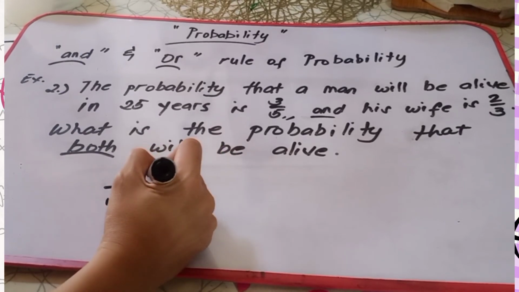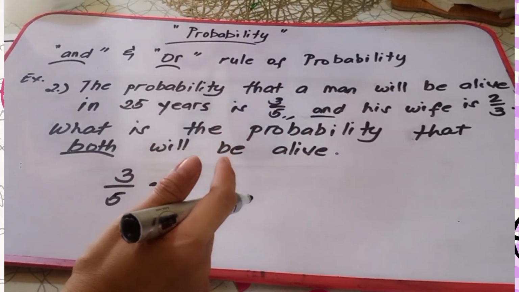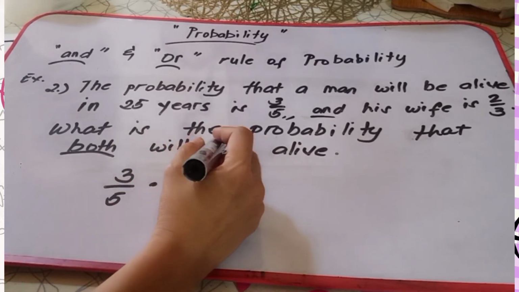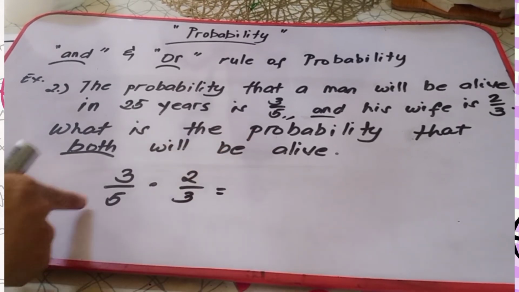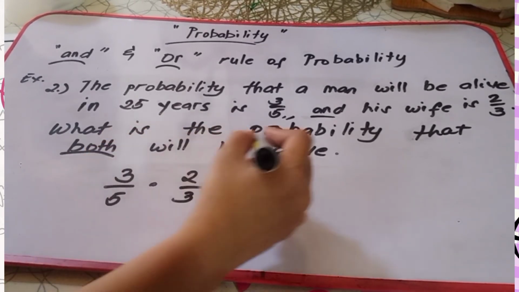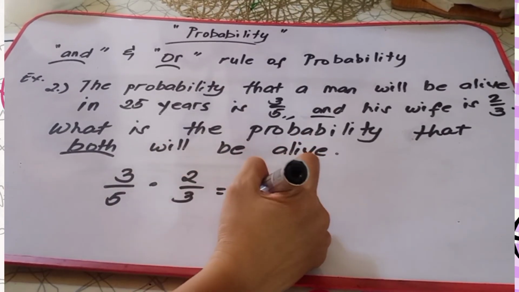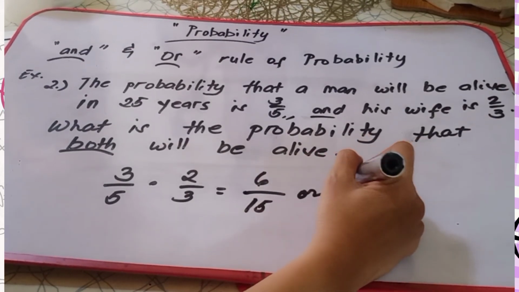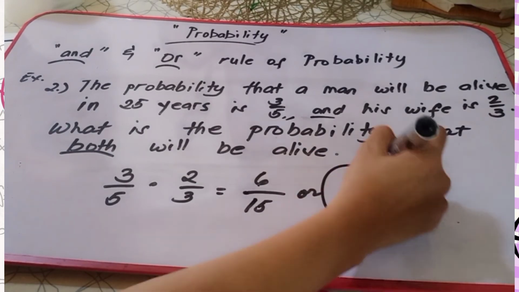So, multiply times the probability of a wife that will be alive in 25 years is 2/3 naman. So, that is 3/5 times 2/3. 3 times 2, that is 6. And 5 times 3, that is 15. Or, to simplify, that is 2/5. So, this is now our answer.